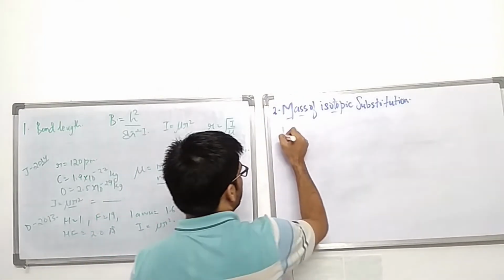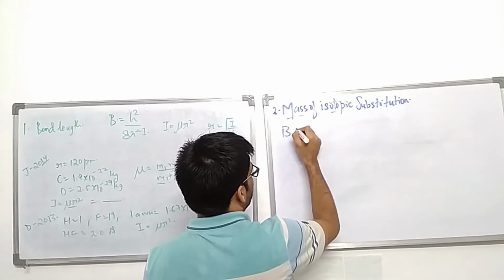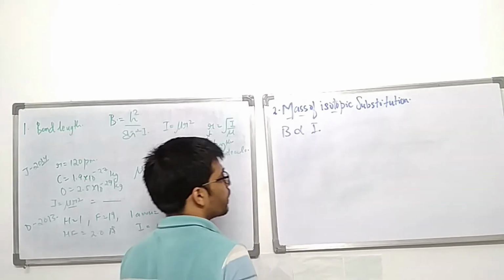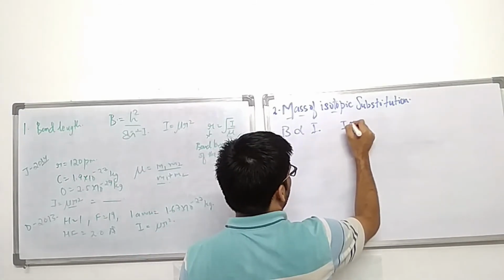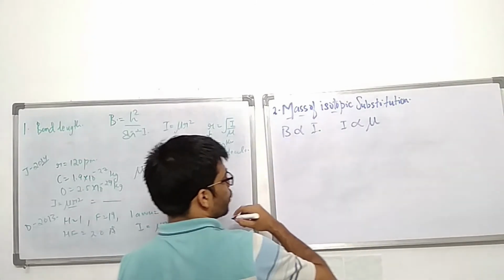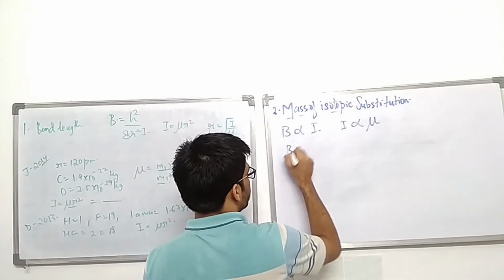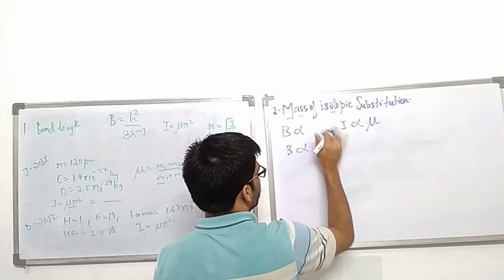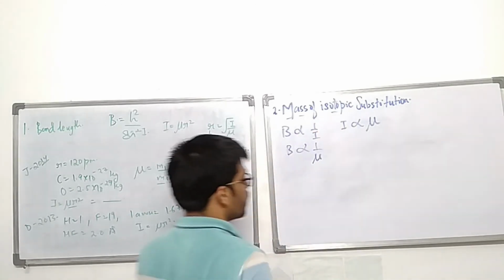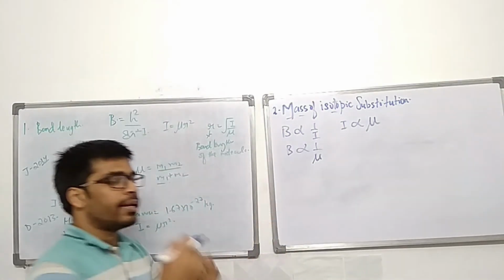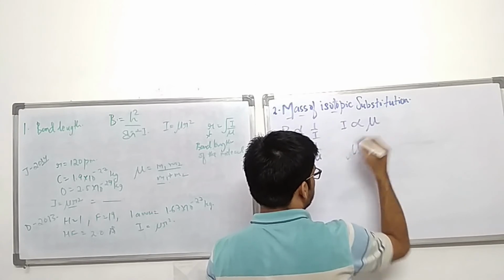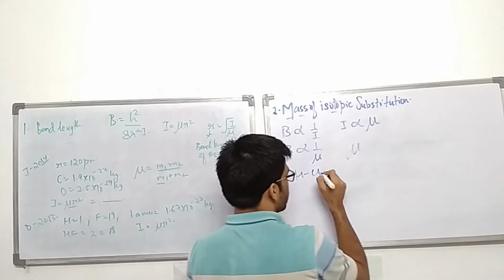Now we know that rotational constant is inversely proportional to moment of inertia, and moment of inertia is directly proportional to reduced mass. So that means this should have been 1 by I. So it is inversely proportional to reduced mass. Now when you substitute an element with its higher isotope, what happens to this? Let's say I am taking the case of HCl.